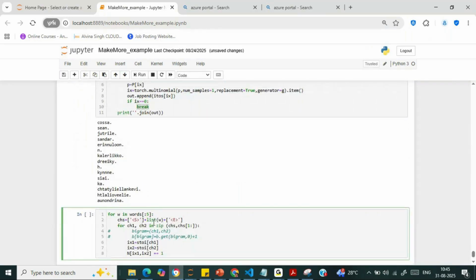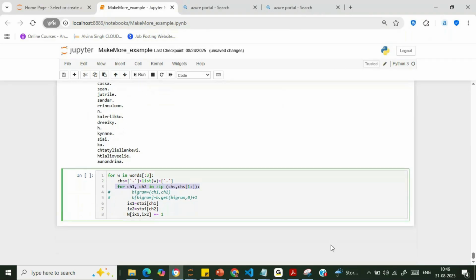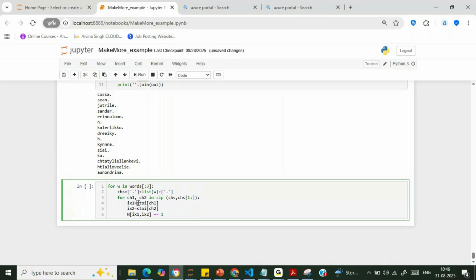Okay, so I'm going to take, say, three letters, three words, and the starting and ending is denoted by dot over here. So that is perfectly fine. For ch1 and ch2 in zip of ch1, over here we have taken the list starting from the zeroth index and first index, and then ix1 equal to STOI of ch1, ix2 is STOI of ch2.